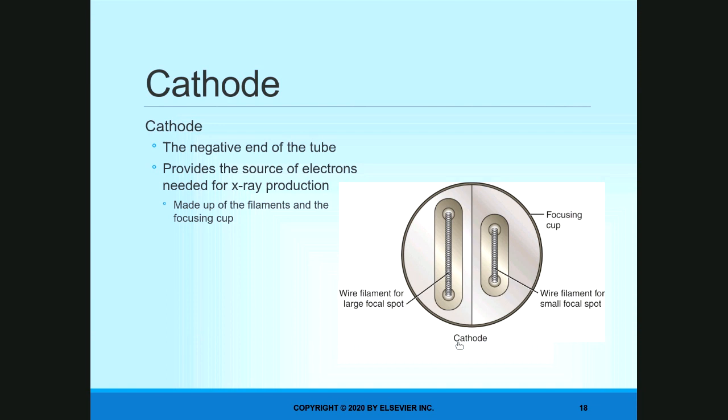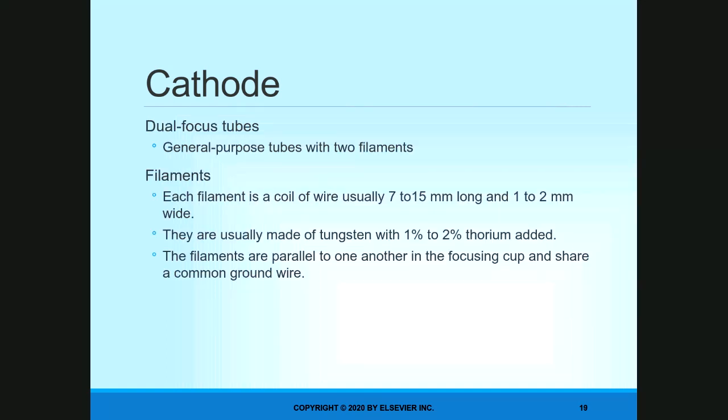When we talk about two filaments, that is typically what you will find in a general purpose tube: both a large and a small filament. When they have two filaments, it is typically called a dual focus tube, meaning it has two focuses, a small and a large.